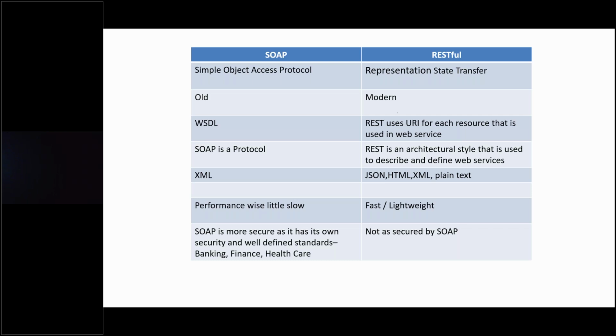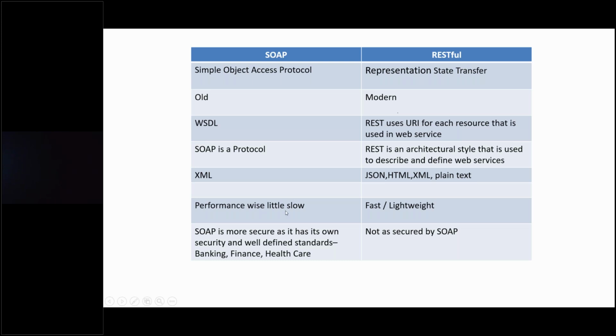It follows certain standards, and without these standards, SOAP will not work. REST is not like that. REST is an architectural style. You can even use simple plain text. SOAP uses XML. With REST you can use JSON, HTML, XML, and even plain text.